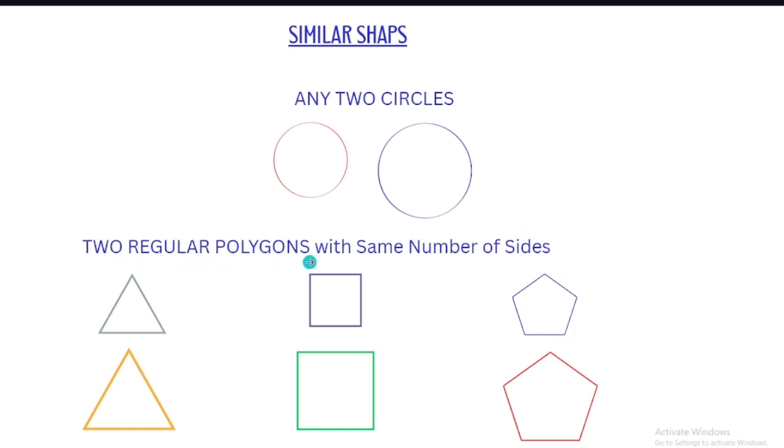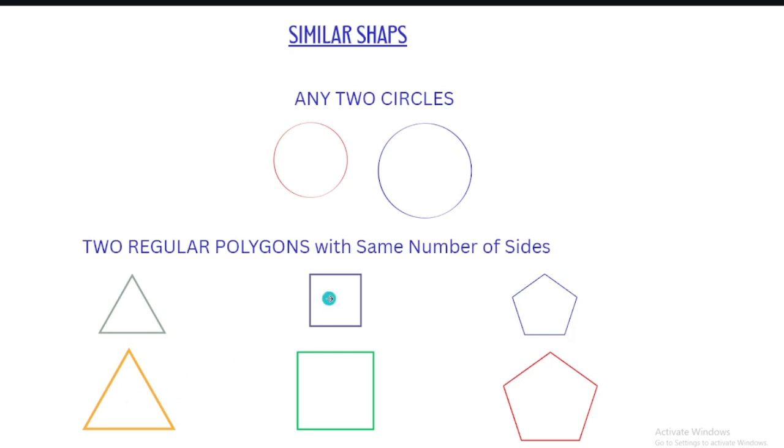Any two regular polygons with the same number of sides are also similar. Equilateral triangles, if one side is 2 and the other side is 5, they are similar triangles.